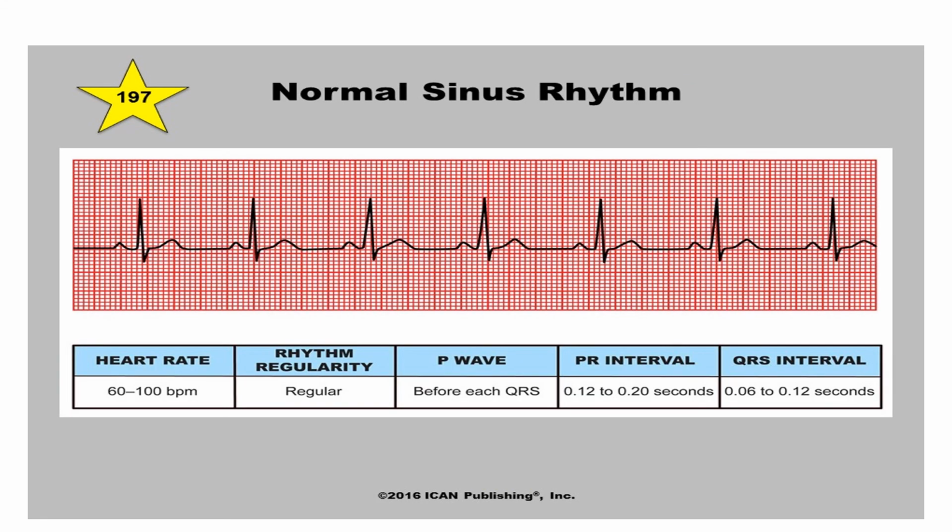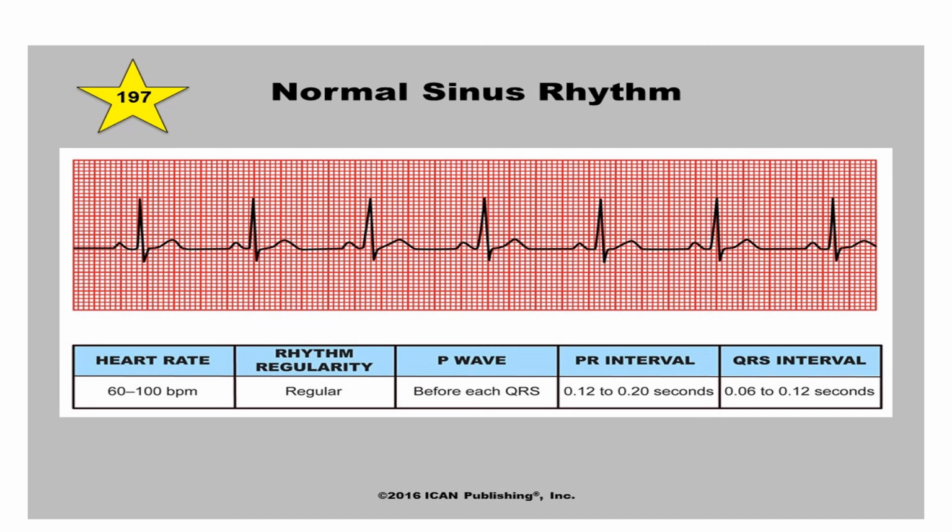So before we come to class, I want y'all to know what a normal sinus rhythm looks like. This is what a normal EKG strip should look like if there are no abnormalities. The heart rate should be between 60 and 100. The rhythm is regular. You always have a P wave before each QRS. The PR interval is between 0.12 to 0.2 seconds, and your QRS is between 0.06 to 0.12 seconds.